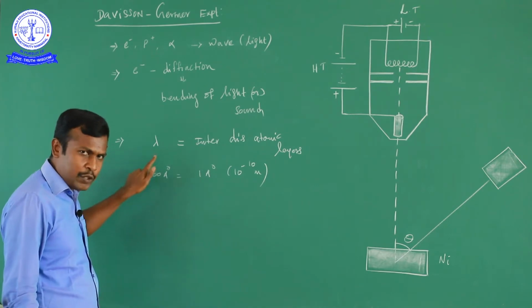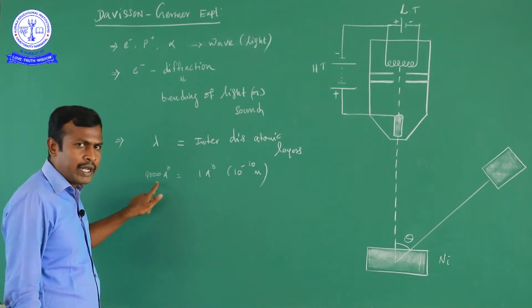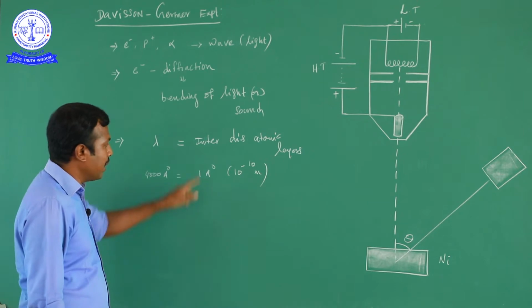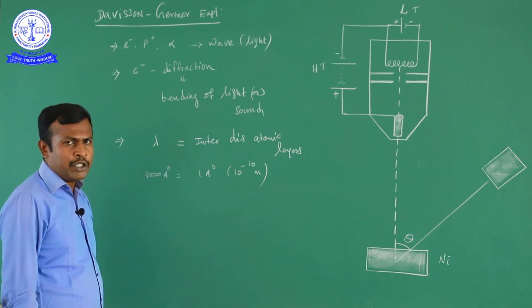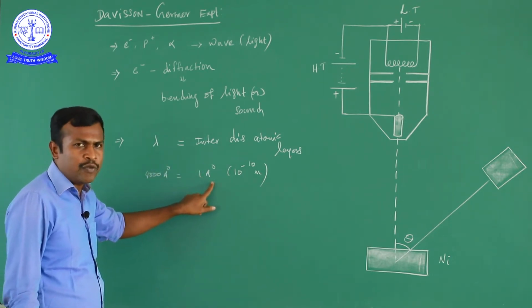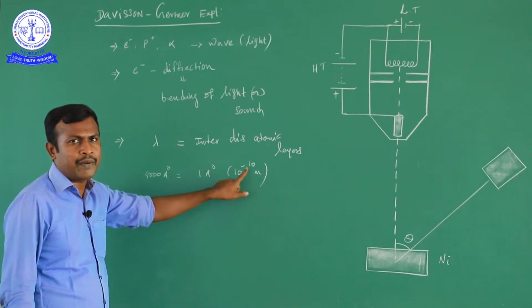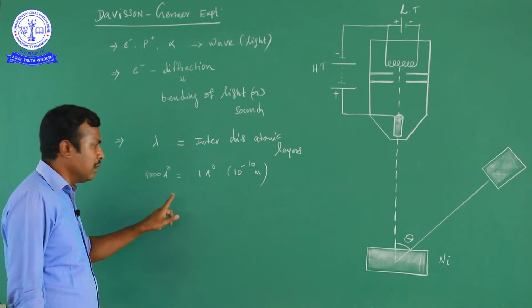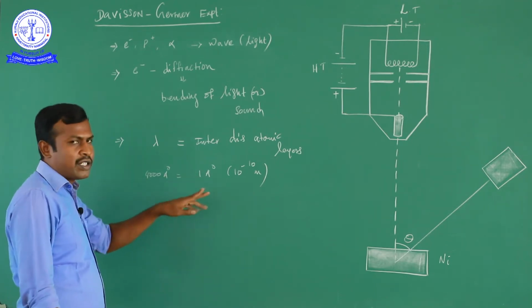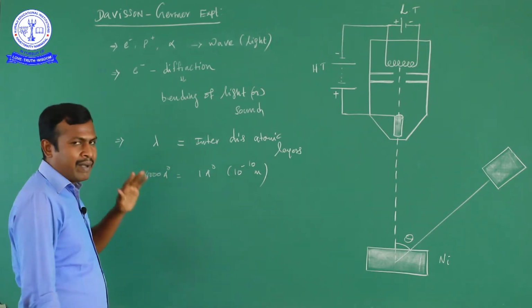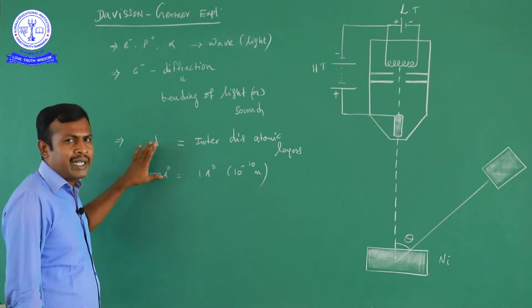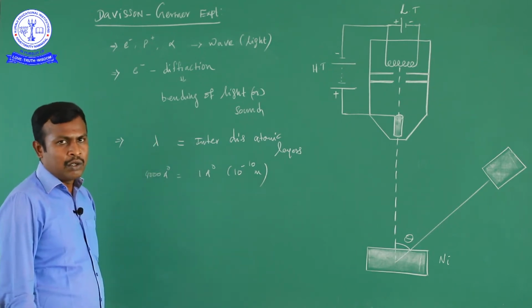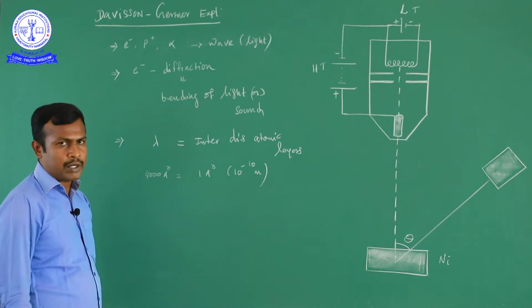For visible light the wavelength is in the range of 4000 Armstrong, but in crystals the distance between two atoms lies in the range of 1 Armstrong, which is 10 power of minus 10 meter. The difference is 4000. So visible light cannot be used with crystals.